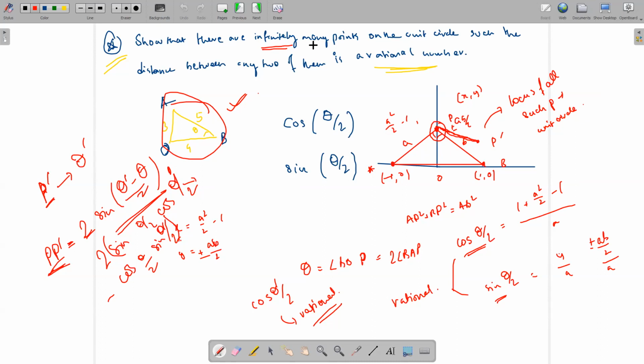Consider any 2 points, cos alpha, sin alpha, and cos theta, sin theta. Their distance is 2 sine of (theta minus alpha) by 2, so this should be rational. And now we note that in the interval 0 to 1, there are infinitely many rational numbers. Yes, essentially that is the same thing as the formulas I wrote for cos theta by 2 and sin theta by 2.